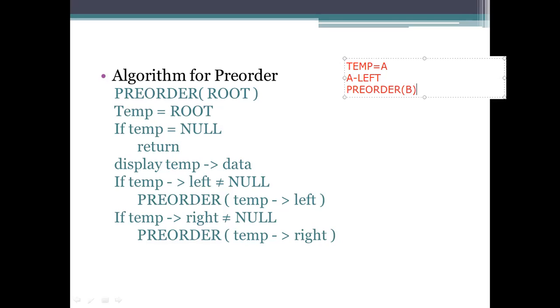So when you place this call, the temporary value is equal to B, and it is not equal to null. We need to go for the left side of B. And see again, pre-order of temp's left. What is temp's left here? The temp's left is D.